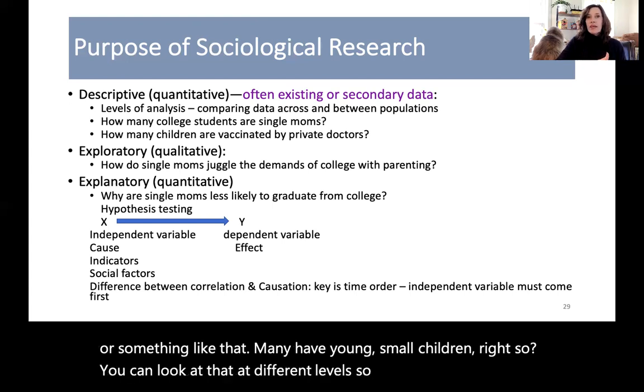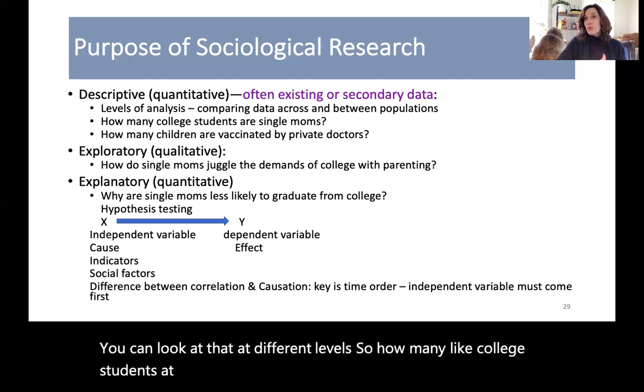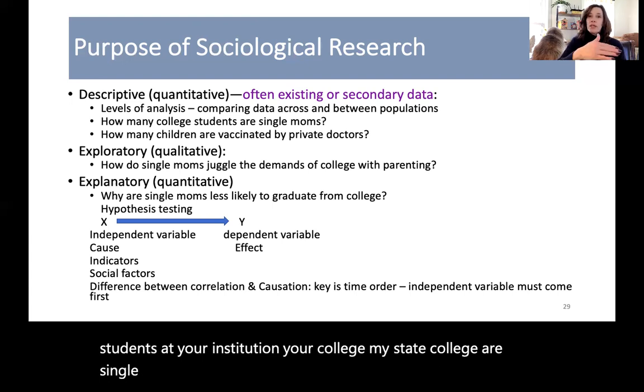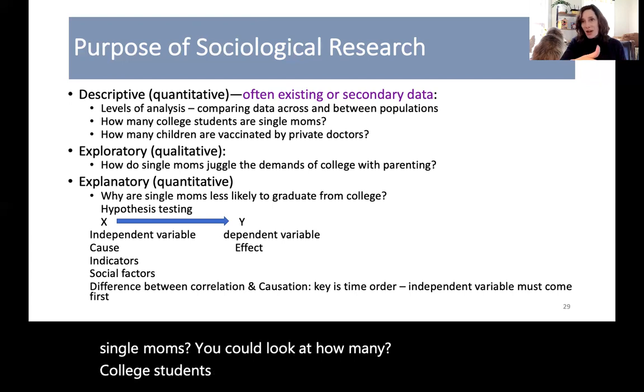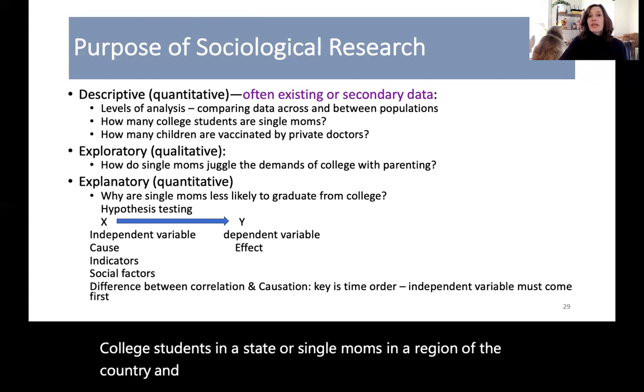So how many college students at your institution, your college, Wayne State College, are single moms? You could look at how many college students in a state are single moms, in a region of the country, in the nation, right? And we do that.